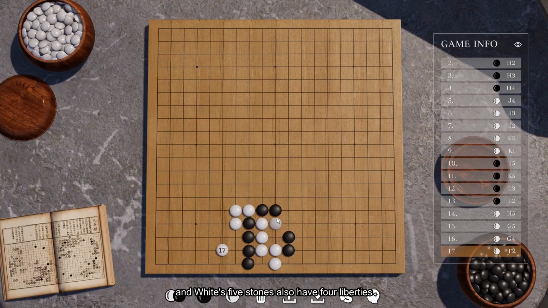And white's 5 stones also have 4 liberties. But notice that, compared to the previous shape, the liberty at this spot has changed. We now refer to this specific liberty as a shared liberty, because it is shared between both sides.